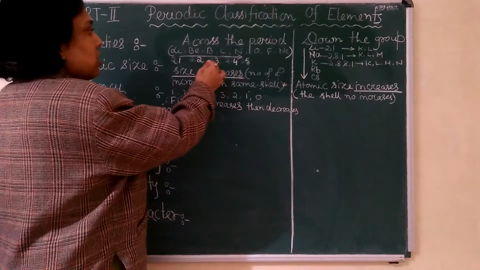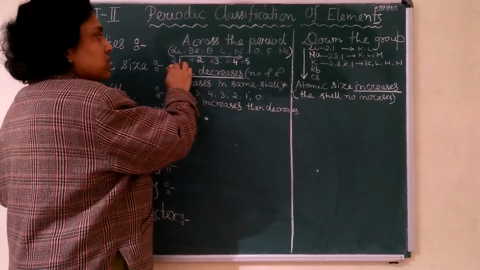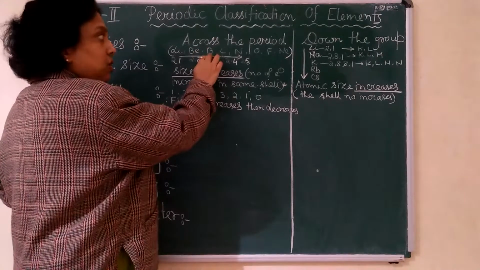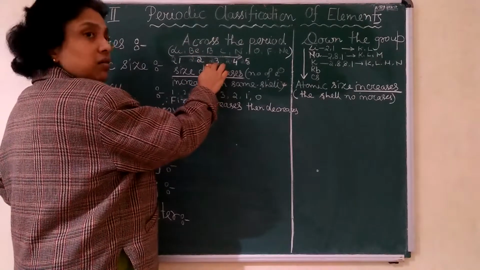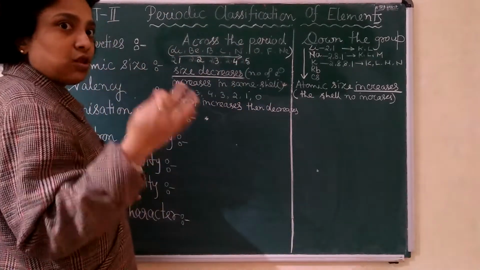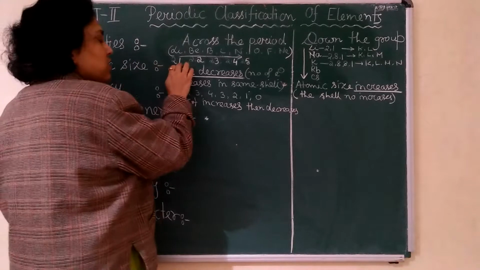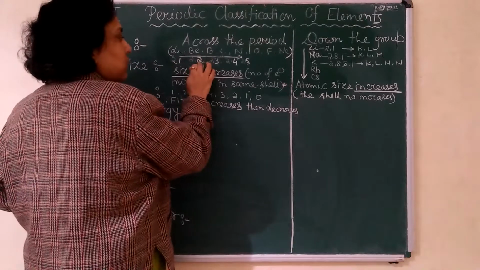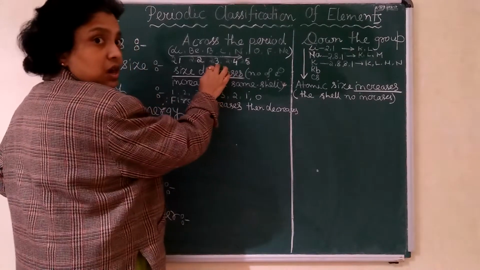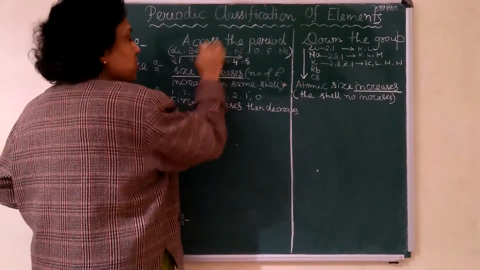Because here, lithium is a metal, boron is a non-metal, but boron comes under metalloid. Metalloids show both characters. So the first electron will be lost, the second electron will also be lost.